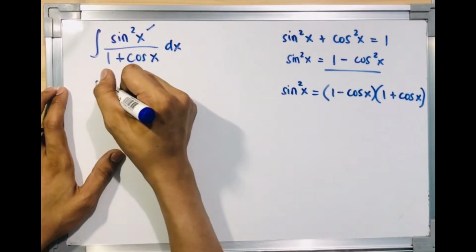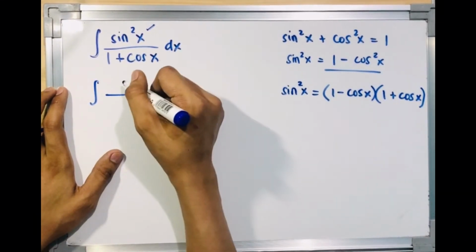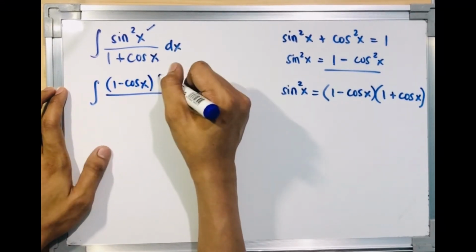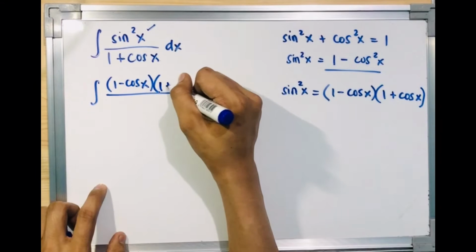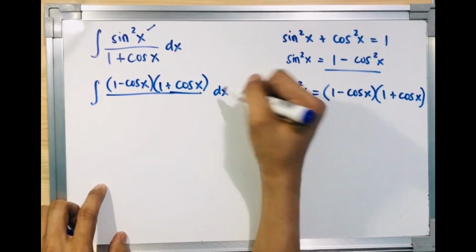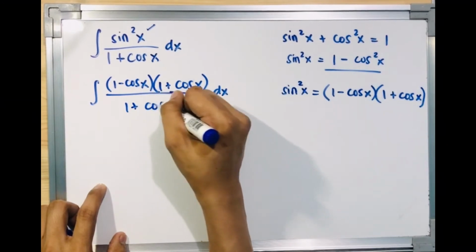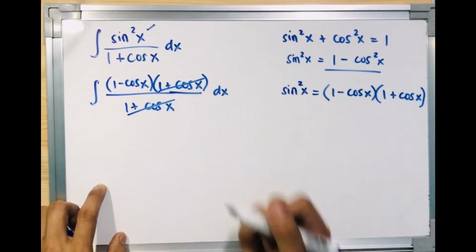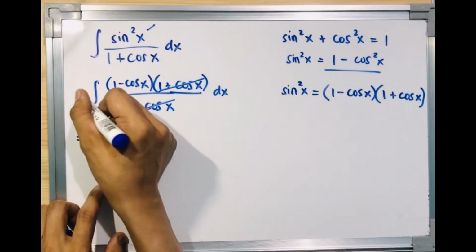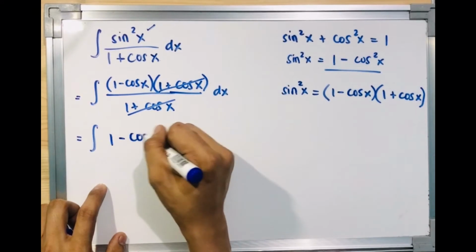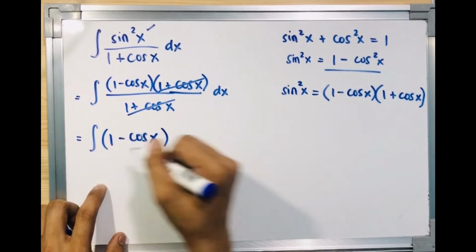Okay? So, i-rewrite natin siya dito. I'll just capture 1 minus cosine of x, and then I have my 1 plus cosine of x dx over 1 plus cosine of x, and then kung makikita nyo ito, magka-cancel out na sila. And next is rewriting down 1 minus cosine of x multiplied by my dx.